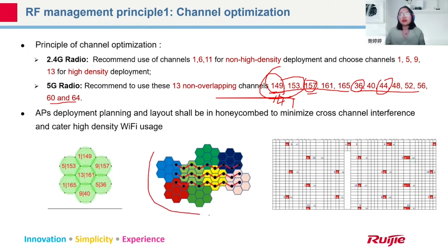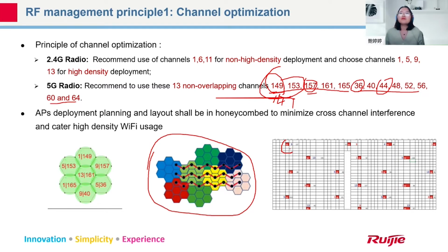Finally, in the high density scenario, you can make the topology like this part. Of course, this is the suggestion for the scenario that we have lots of people, or maybe your place is very big. And also you can get a result like this one. For example, about this AP, for 2.4 gigabit, we use channel 5.